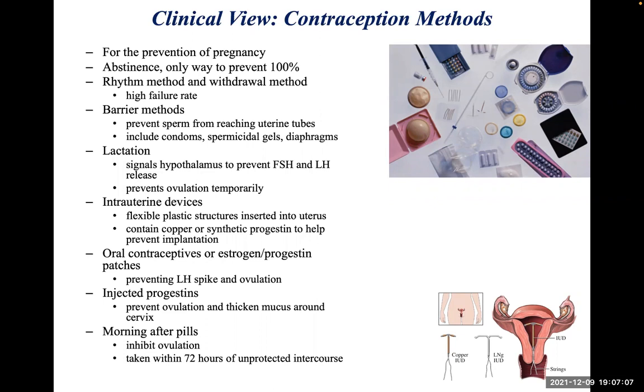As far as efficacy is concerned, aside from sterilization by cauterizing, cutting, or tying the tubes, IUDs are the most effective birth control methods, followed by oral contraception, patches, or rings.